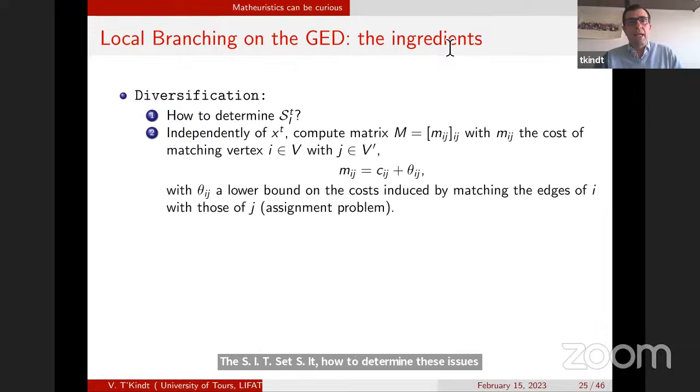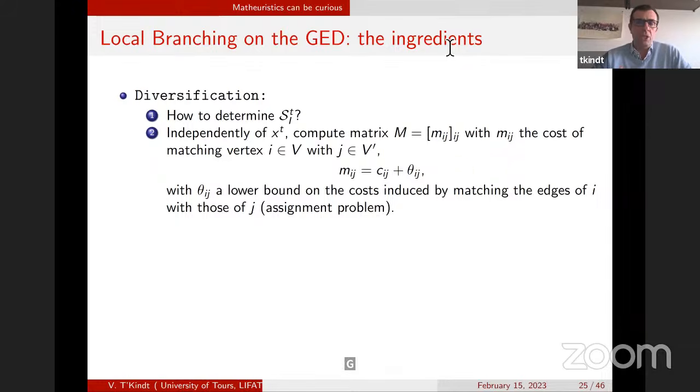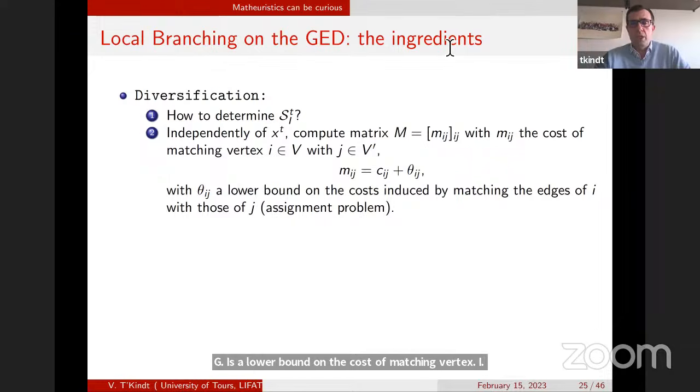First, independently of the current solution xt, we compute a matrix M_IG, where M_IG is a lower bound on the cost of matching vertex I with vertex G. So M_IG is the sum of the matching cost of the vertices plus theta_IG, and theta_IG is a lower bound on the costs induced by matching the edges from I with the edges from G. So you have here an assignment problem, and you just solve this assignment problem to minimize the cost of assigning these edges.